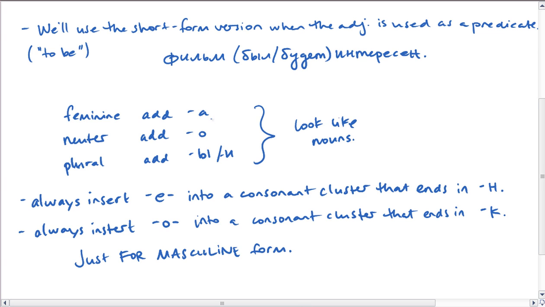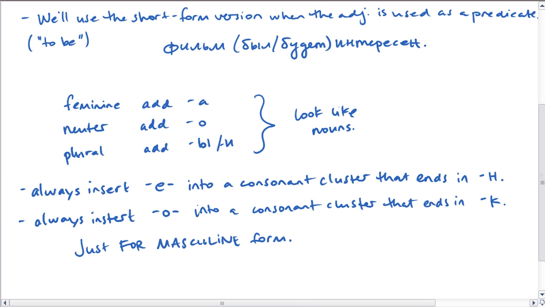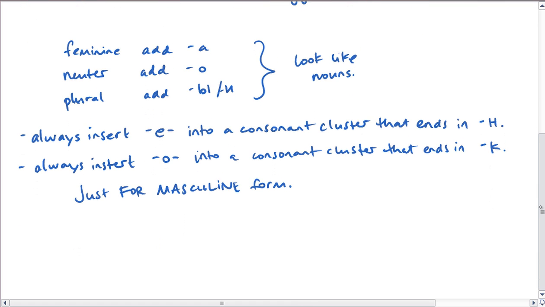Once you add an а or an о or an ы at the end, you can get rid of that inserted vowel. So let's look at some examples.